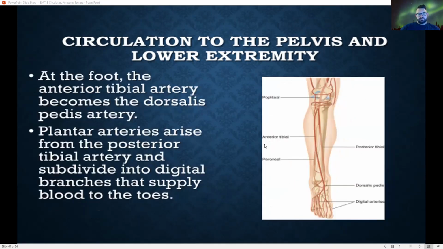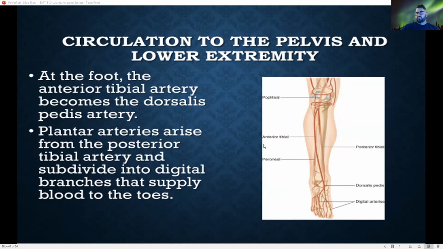It goes down to the foot. The anterior tibial artery becomes dorsalis pedis artery. Now there is a pulse on the top of your foot. It's called the dorsalis pedis. Now, if somebody's, let's say, broken their ankle or twisted it, one of the things we'll do besides checking range of motion, remember that from the first lecture, is we'll also check for a pulse up there, because a simple twisted ankle that has no pulse in it has now become an issue of that foot not getting oxygen and blood flow.